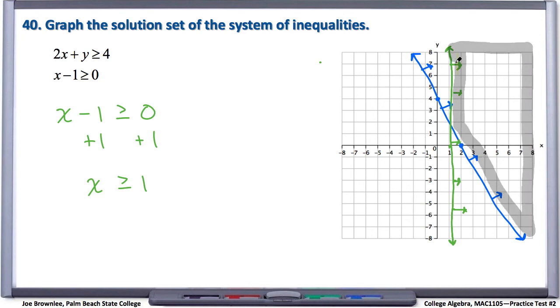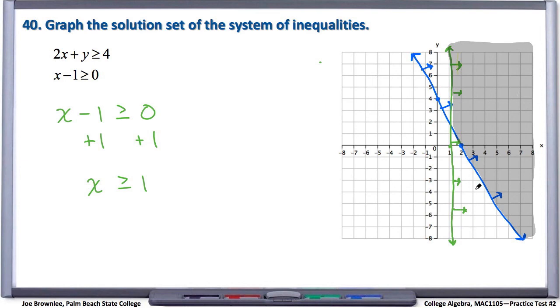All right. So again, when we're graphing two inequalities and the directions are to graph the solution set, we're only interested in the portion of the graph that's double shaded. And so this portion of the graph that I've just shaded there in gray is the only portion of the graph that is double shaded, because notice down here in this little white triangle, only the green inequality has shading in this area because the blue is shaded above.